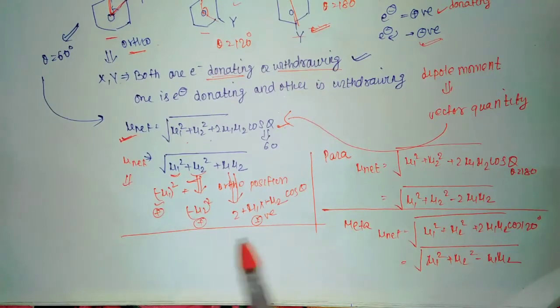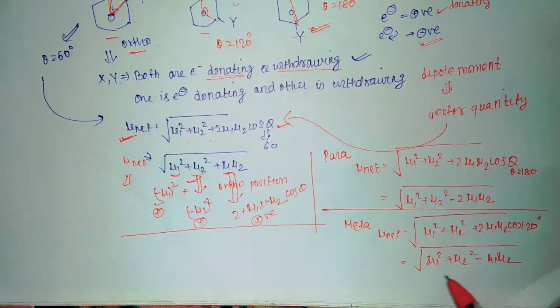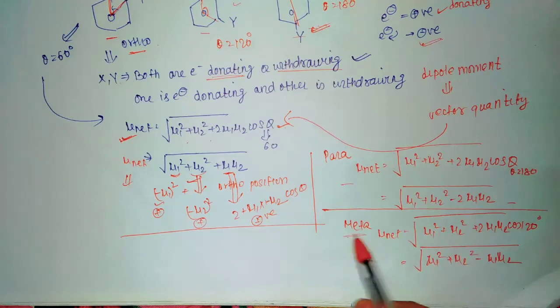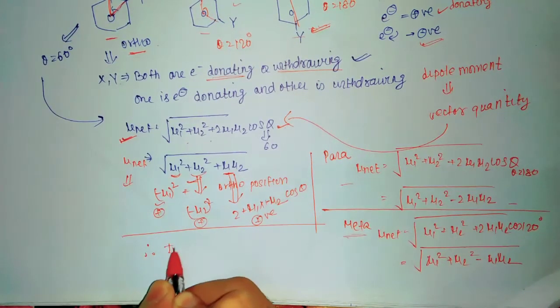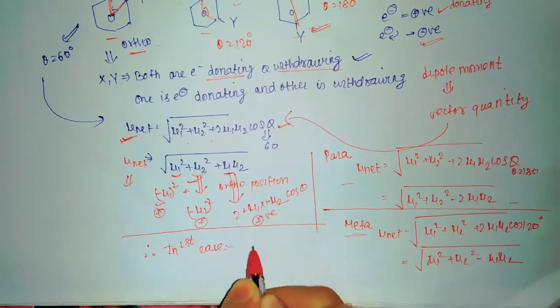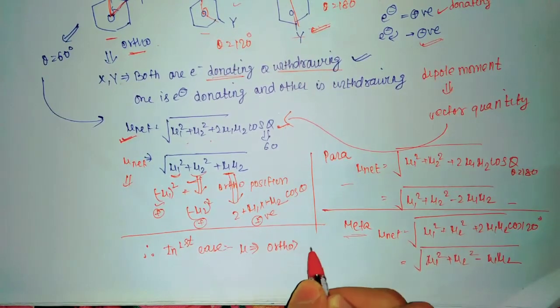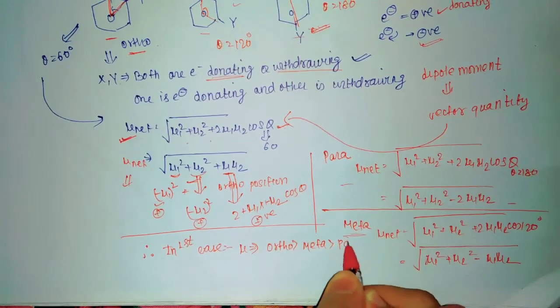In the ortho position plus mu1 mu2, in the para position minus twice mu1 mu2, and in the meta position minus mu1 mu2. Therefore in our first case the order of dipole moment is ortho greater than meta greater than para.